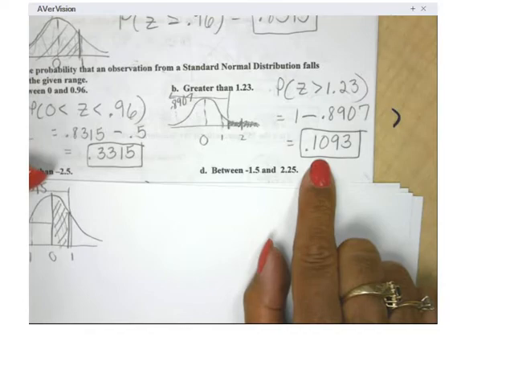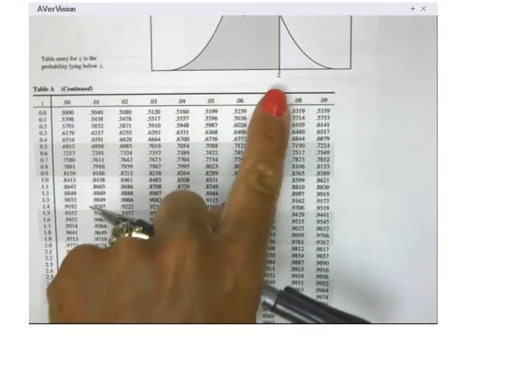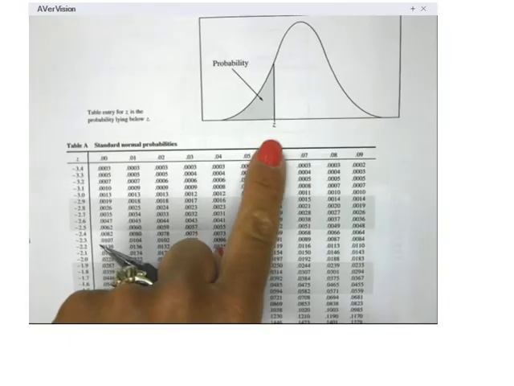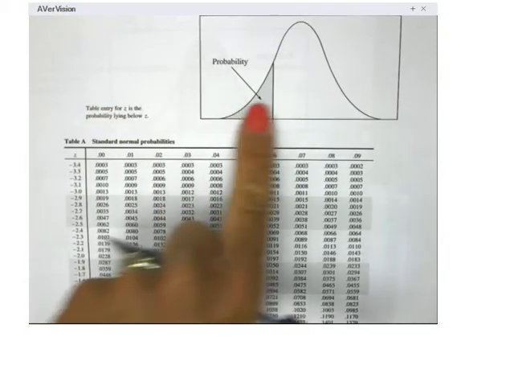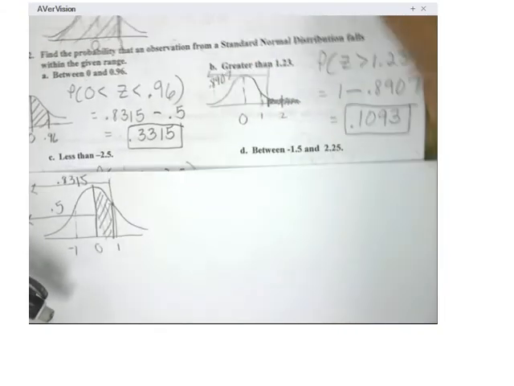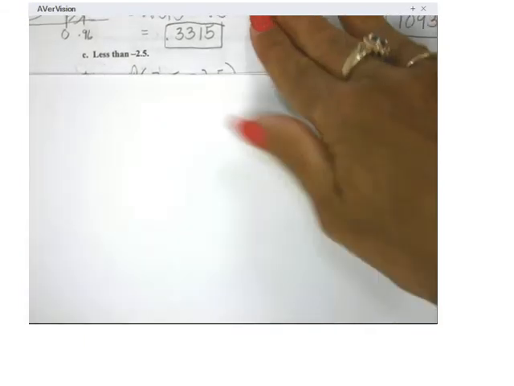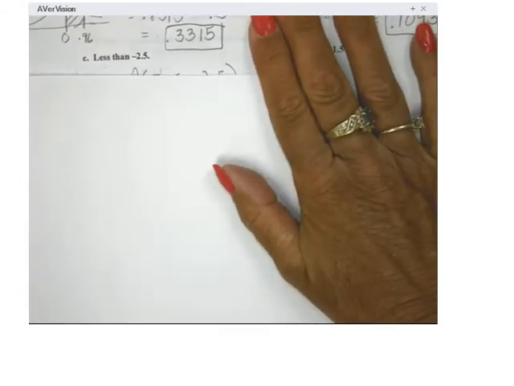I want the area above, and we know that the area underneath the whole curve is 1. So 1 minus 0.8907 will give me the area up above. So our table is always telling us the area to the left, and that's regardless of whether we have a positive z-value or a negative z-value. It's always telling you the area to the left of that value.